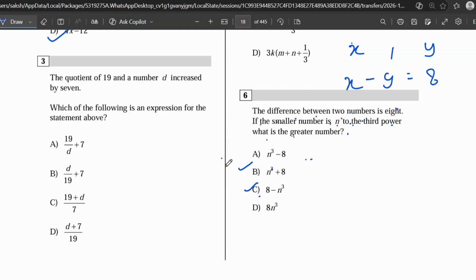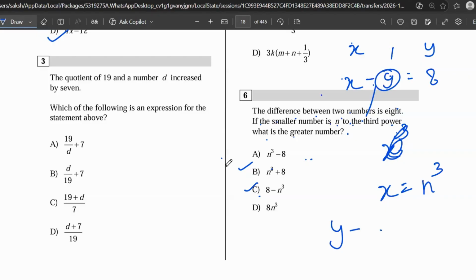Let's take x as the smaller number, so x is equal to n to the power of 3. I'm writing y first because y is the greater number.